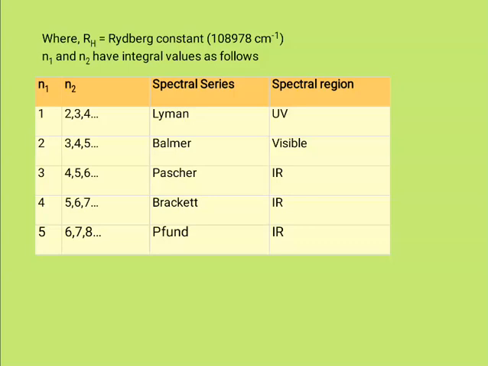In the case of the Paschen series, the electron jumps from any shell, from fourth, fifth, sixth, seventh, eighth, to the third shell in a hydrogen atom. The series of lines is called the Paschen series, and it lies in the infrared zone of the electromagnetic spectrum.